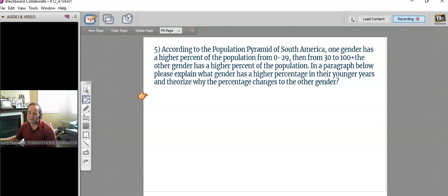Why do females live longer than males? Okay, somebody said, I don't know, it's the percentage of the numbers, okay? Somebody says they're pretty close, okay, so it might not be a lot. What are some other things? Okay, somebody start writing on the board a little bit, okay? You got access to writing on there.